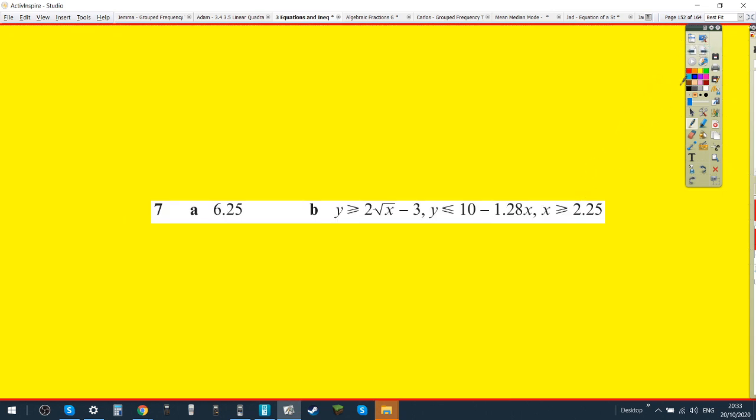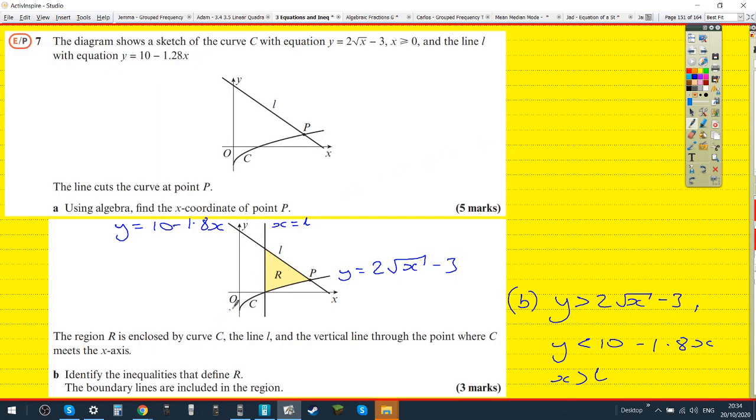Oh, it was 2.25, was it? So it's greater than that one. It's less than that one. Oh, we had to find that. Okay, because I didn't read part A. So it was x equals 2.25. So greater than 2.25. And actually hold the phone.